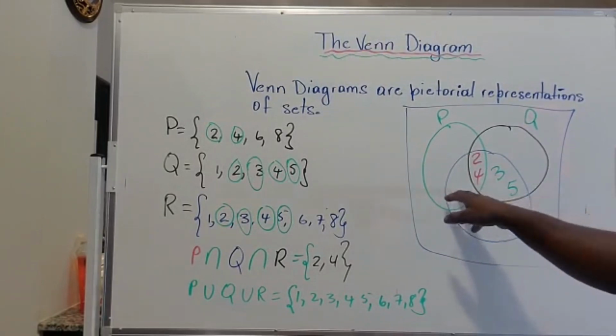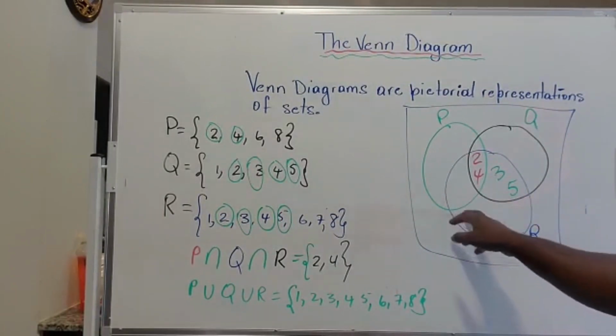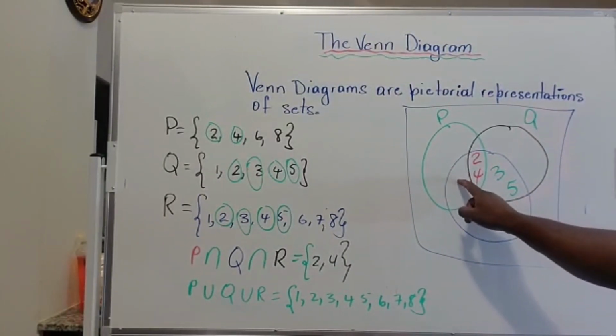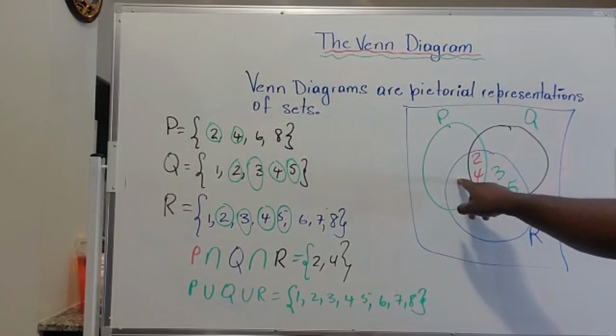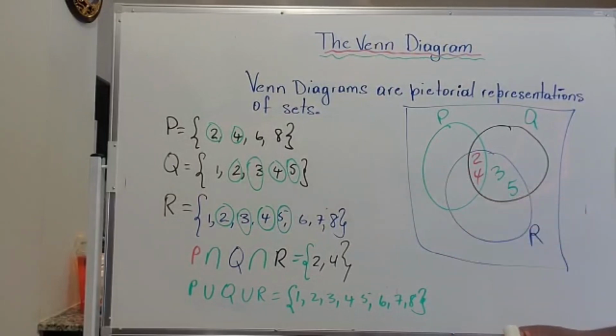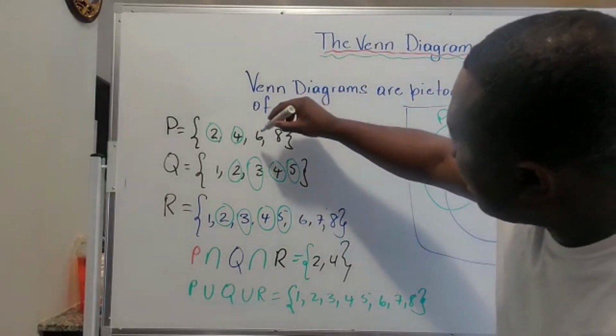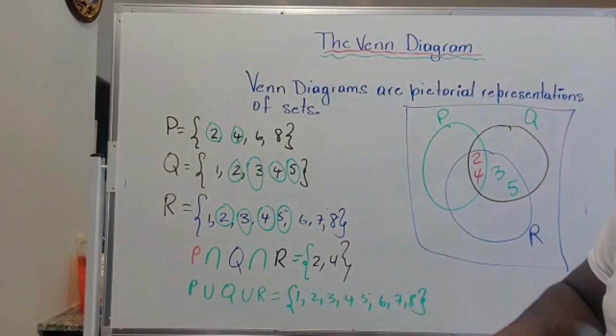Are there any elements that are common to just P and R? That is this intersection here. P and R only? Yes, we see, let me use a different color.